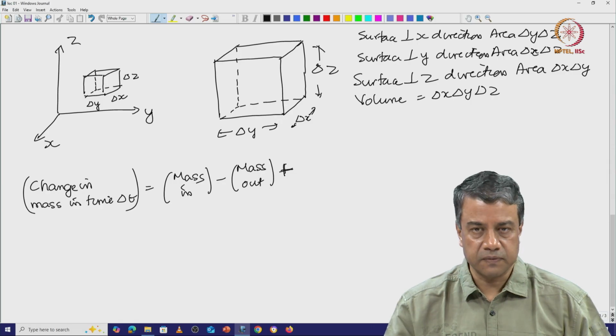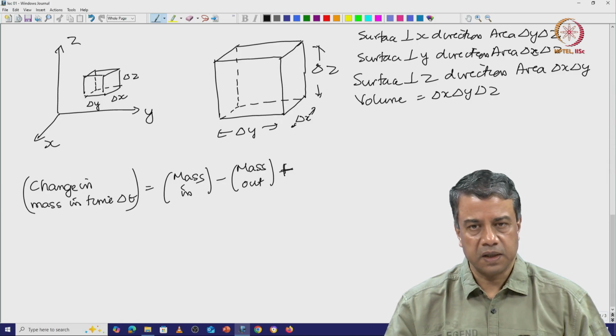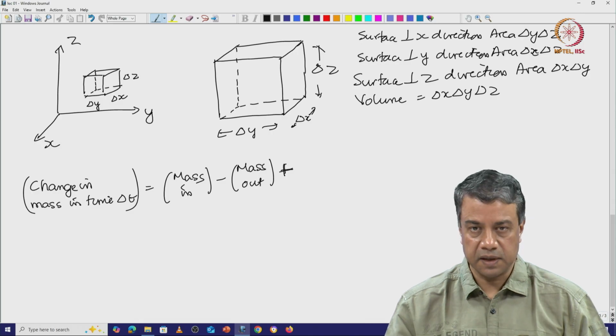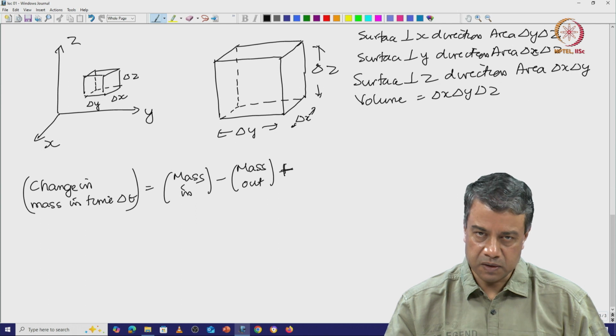So, within this differential volume, for example, if we have some reaction giving rise to the component that we are studying, there is a source. If the reaction consumes the reactant, then it is a sink of mass. The source or sink is proportional to the volume itself.